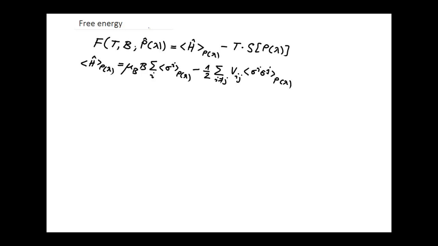Now already from our treatment of the paramagnetic salt, we know what the expectation value of sigma is in such a state rho of lambda, because the equilibrium state of a paramagnet had precisely the same form as our mean field states. So we can simply take over the result that we had obtained for the paramagnetic salt for the expectation value of sigma.